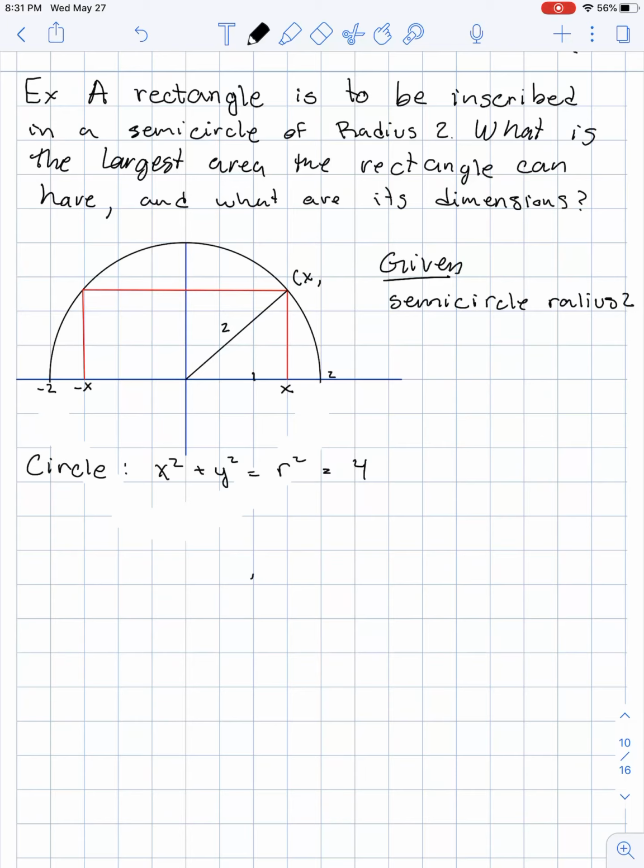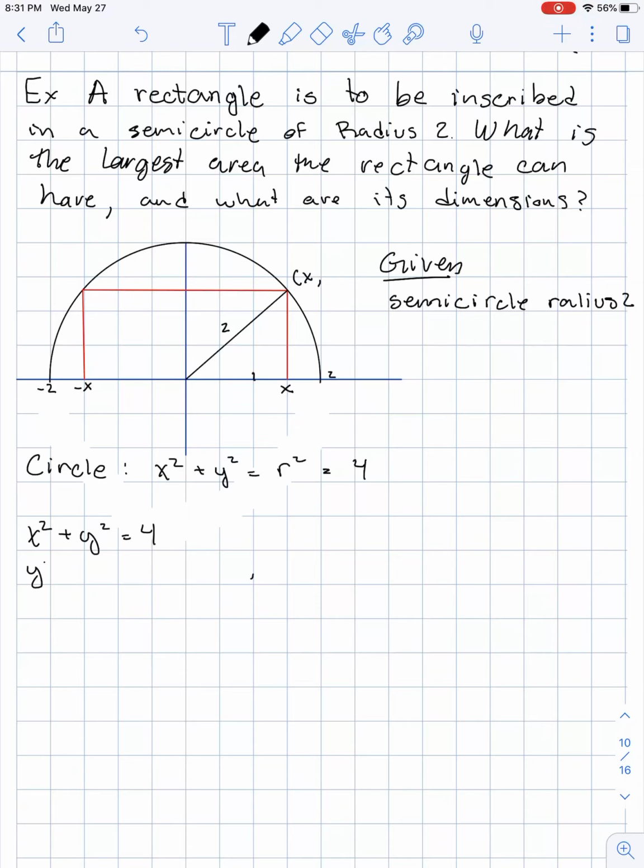So this is just a semicircle. It's only the positive half. So I can take x squared plus y squared equal to 4 and solve for y. So that's going to give us x squared plus y squared equal to 4.